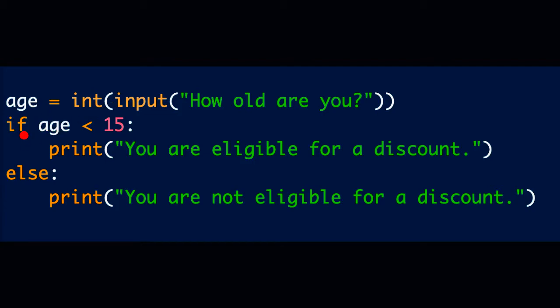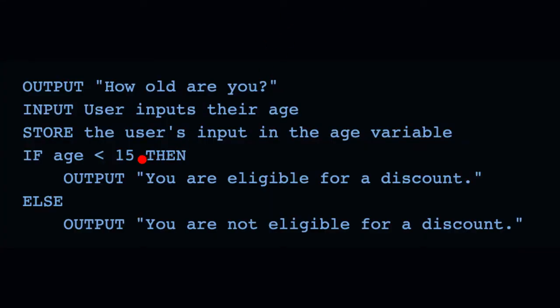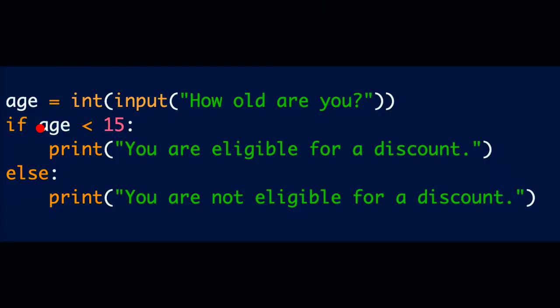And then in the next line, what I'm doing is I say if age is less than 15, and look at the colon. In pseudocode, we had then, right? And everything is uppercase, but in Python you don't need to do that. You can just write lowercase. You have to write lowercase. Case sensitivity is important in Python. So print, this is like an output. And you have open parentheses, you're eligible for a discount, else you're not eligible for a discount.